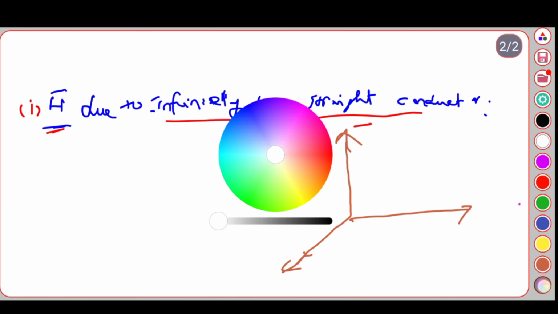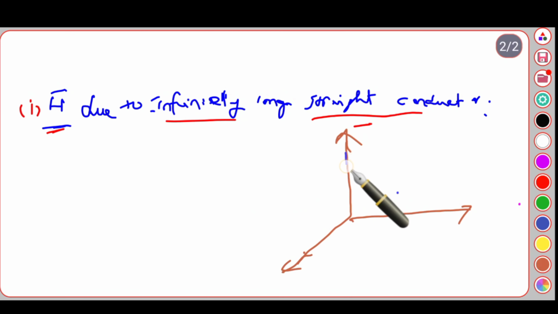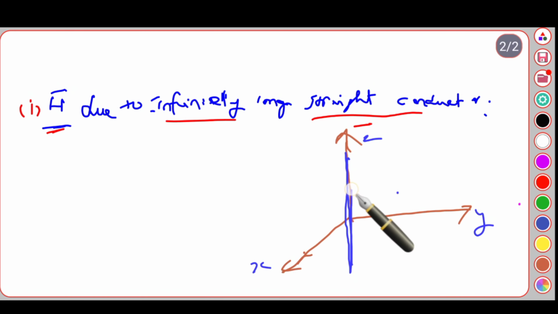The conductor is placed along the z-axis. It is the x-axis, the y-axis and the z-axis. The conductor carries a current I. A current I is flowing in this conductor along the z-axis.